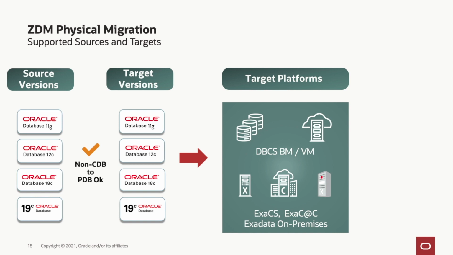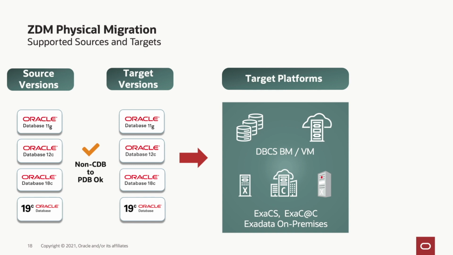What can change is the patch level. So it doesn't matter if the patch level on the target is higher. What ZDM will do is run datapatch at the end and iron out any details that need to be corrected. Now, before, you could only migrate from a non-CDB, non-container database, to a non-container database, or from a container database to a container database.